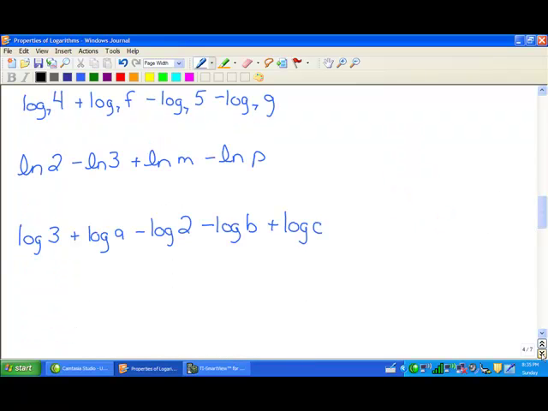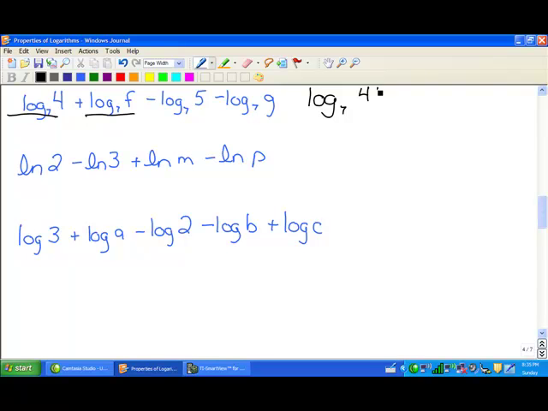Now, if you want to work backwards, if we're contracting to a single log, if we look at log base 7 of 4 plus log base 7 of f minus log base 7 of 5 minus log base 7 of g, and we're contracting back to a single log where we can only write log base 7 once, we know that the 4 would have to be on the top of a fraction because its log is positive.